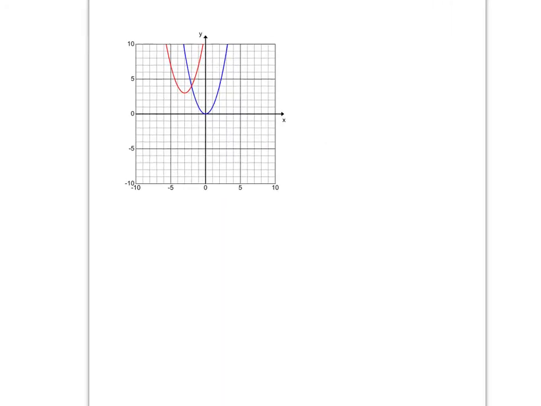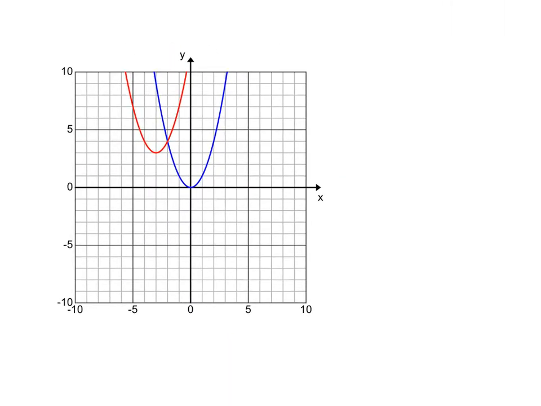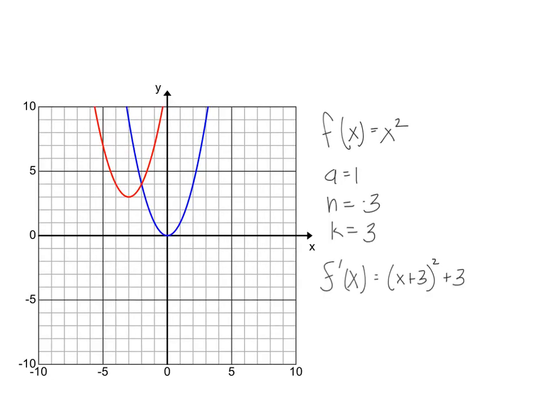Okay, we have one more. Now let's pause it again and do the problem so then you can see if you understand it. So pause it. Okay, so I did the problem. Hopefully you did too. So I found that it's a parabola, so it's an x squared. Then my a didn't change.